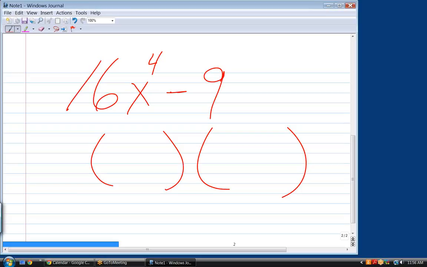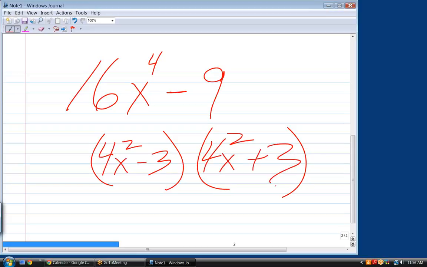So it'd be 4x squared minus 3, and then 4x squared plus 3. You got it. That's all there is to difference of perfect squares.